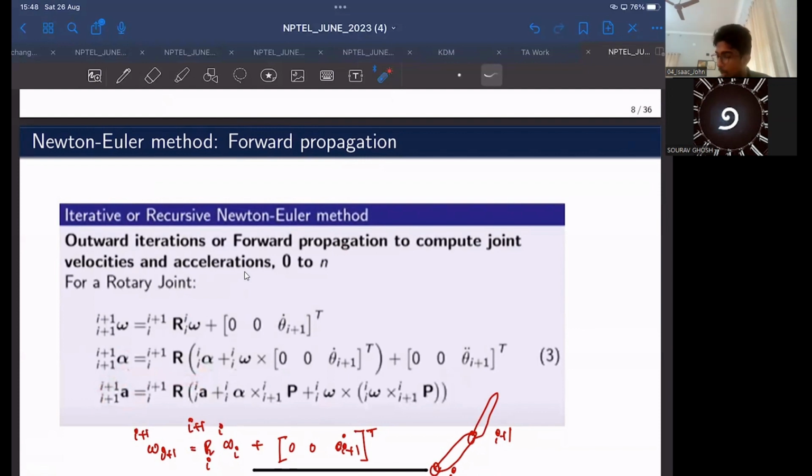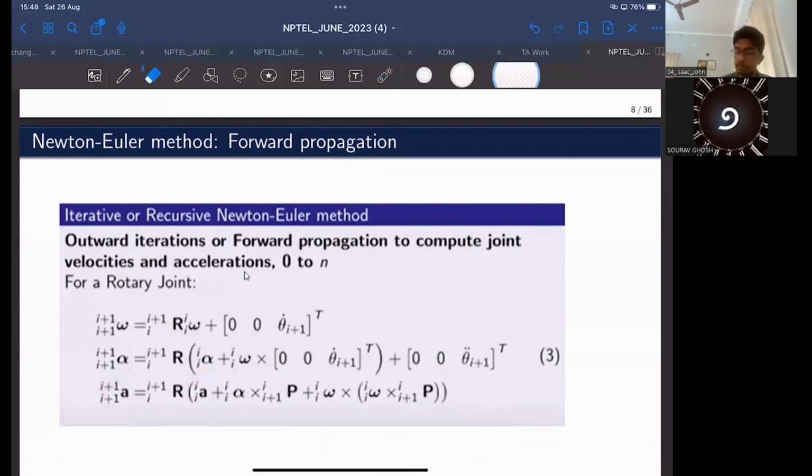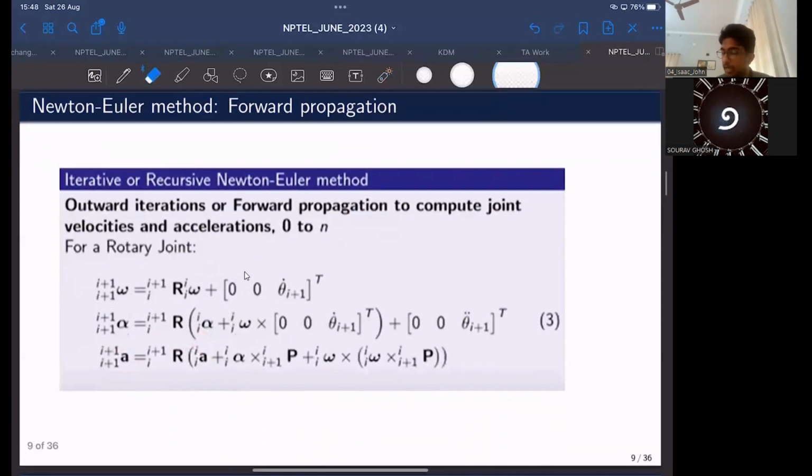And again, how to derive these equations, it basically comes from something we have come across in the previous weeks.